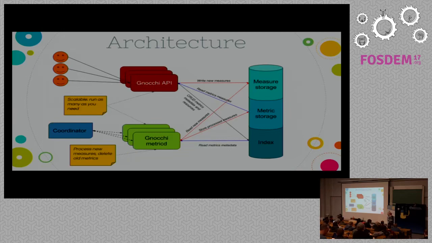Both the API and metric D, the daemon doing the computation, are scalable. You can run any amount of daemons that you want and you need. And they're all coordinated with something that we call a coordinator, which I'll talk about just after, which is also something we built in Python to help us.